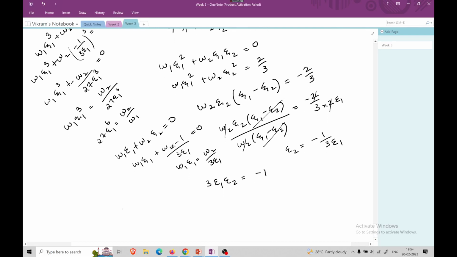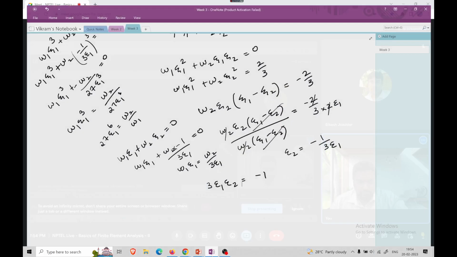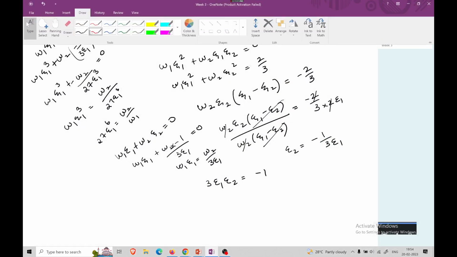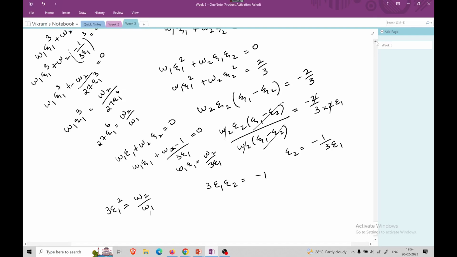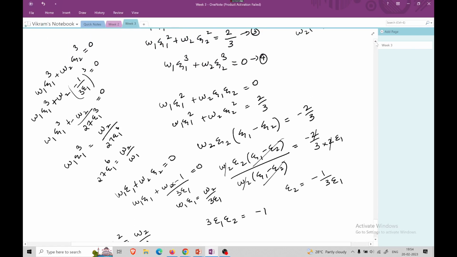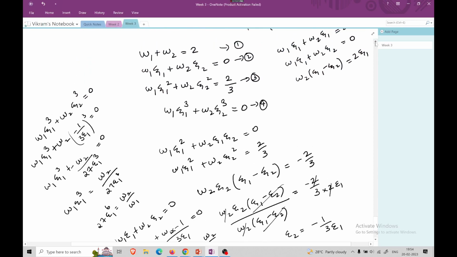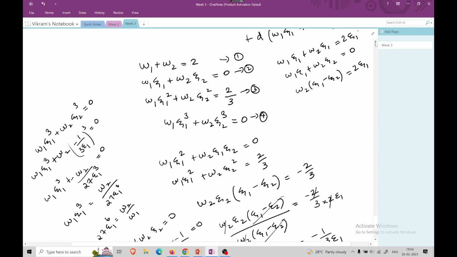So which means 3 epsilon 1 square is equal to W2 by W1. W2 by W1 is 3 epsilon 1 square. Okay.